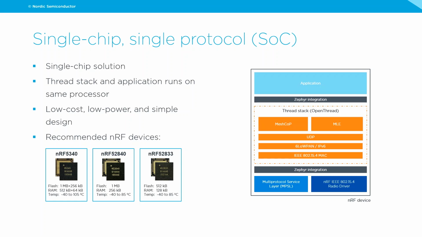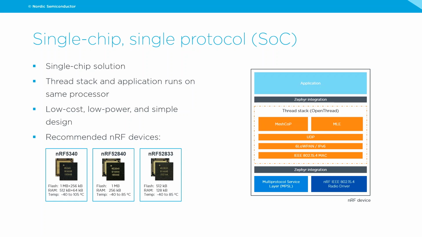This design is mostly used for simple applications that don't make heavy computations, or battery-powered devices that act as sleepy end devices. Due to low complexity, the overall cost of such a solution is the lowest.